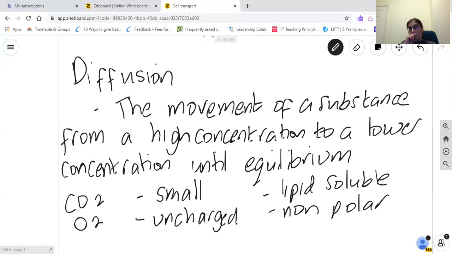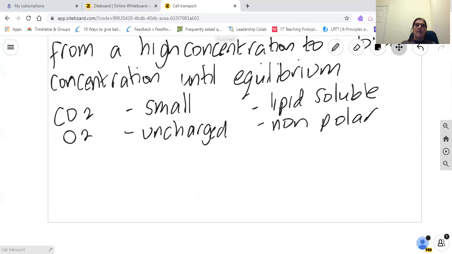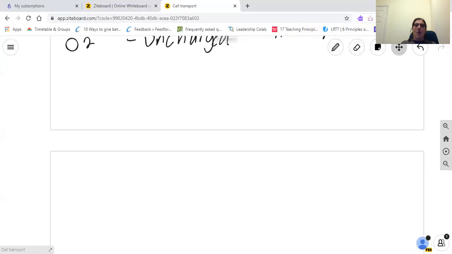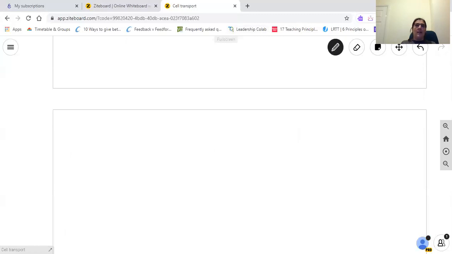Okay, they are capable of doing simple diffusion through a plasma membrane. So what about those substances that are going down a concentration gradient, so in other words from high to low concentration, but are charged or large? They do it by facilitated diffusion.